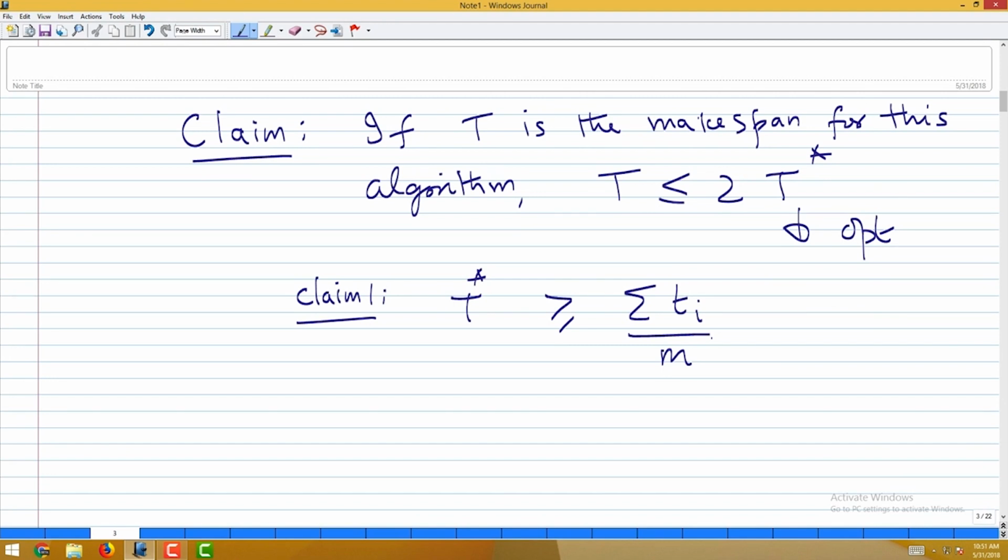Let us try and think of a better lower bound. Can you think of a better lower bound? The problem with this lower bound is, suppose you have one job which takes a huge amount of time and everybody else takes some tiny amount of time, and the average will be small. So, what would be a lower bound to capture this scenario?